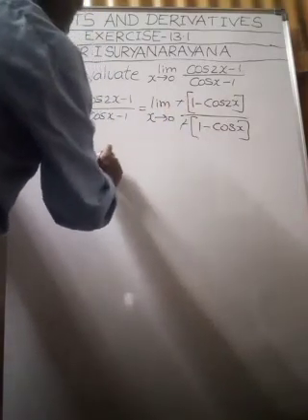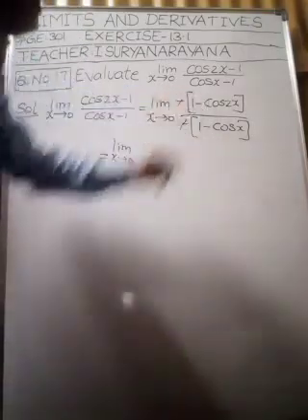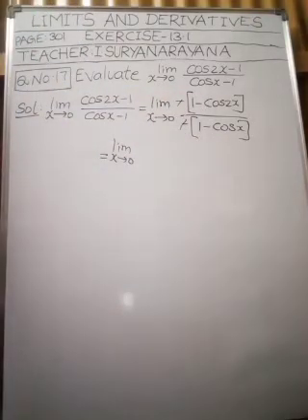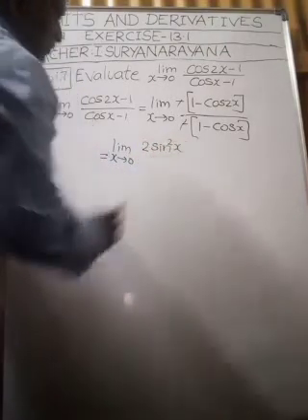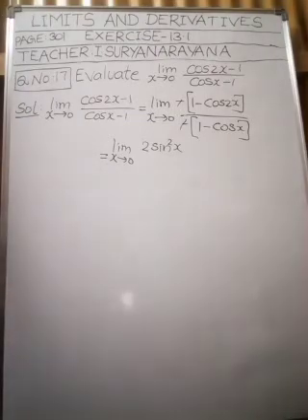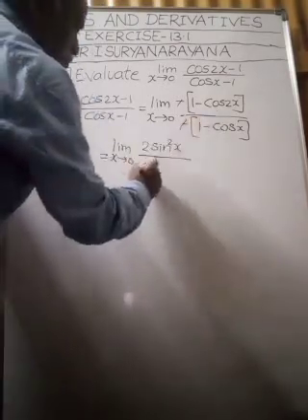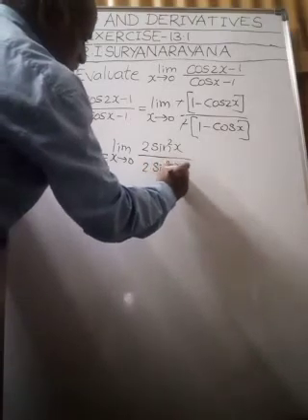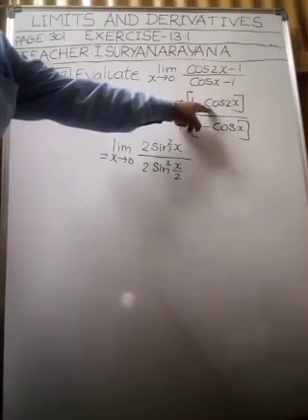That is equal to, as x tends to 0, limit of 1 minus cos 2x. From the trigonometry chapter you have studied 1 minus cos 2x is equal to 2 sine square x. In the numerator we can write 1 minus cos 2x is equal to 2 sine square x. Similarly, in the denominator 1 minus cos x can be written as 2 sine square x by 2. Okay, my children? This is called the half angle formula. This is a multiple angle formula.